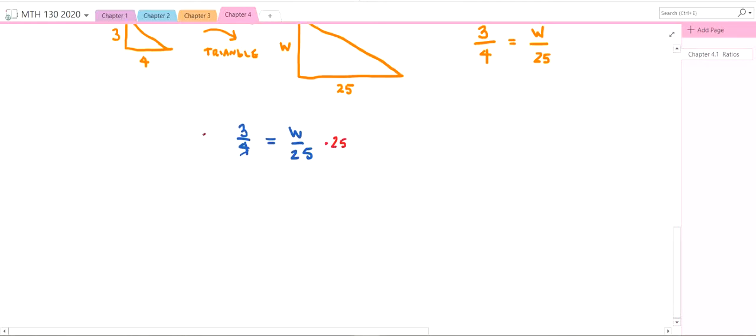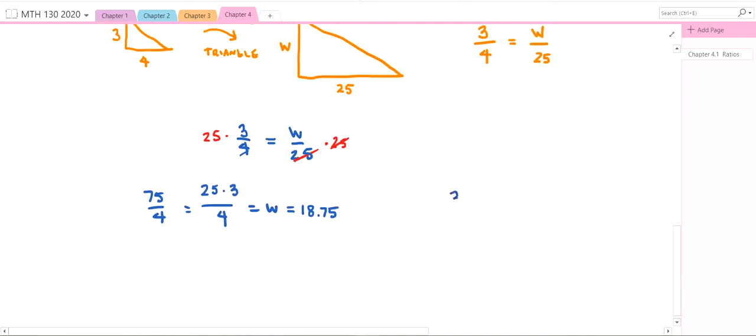I was just going to go on and do that before, but I thought it might be a little confusing. So this cancels with this. So now we've got 25 times 3 divided by 4 equals W. So this equals 75 over 4 equals W. And to throw that in the calculator, W then equals 18.75.